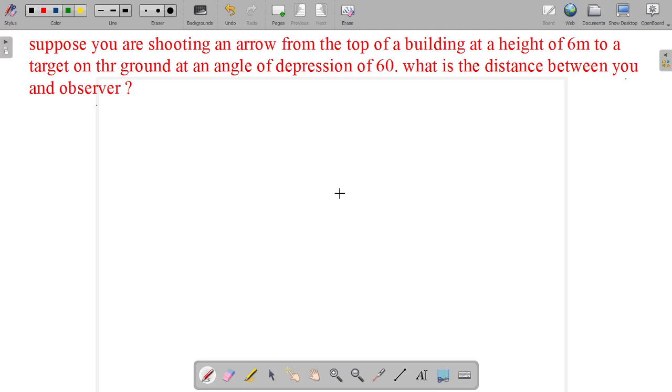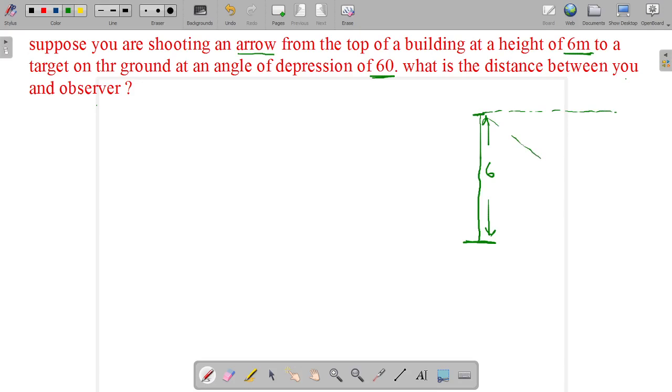Suppose you are shooting an arrow from the top of a building at a height of 6 meters to a target on the ground, at an angle of depression of 60 degrees.